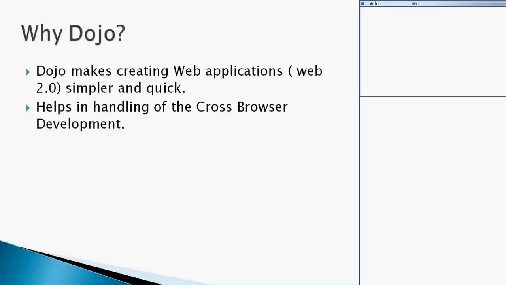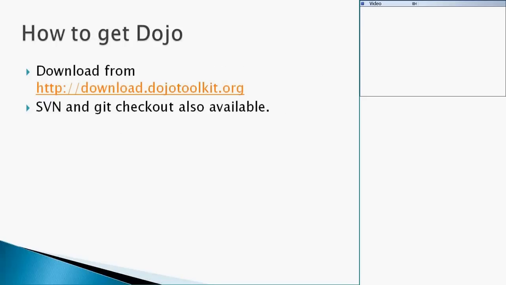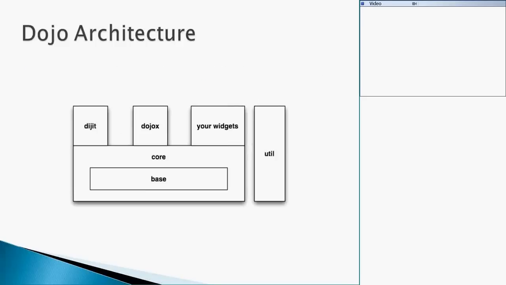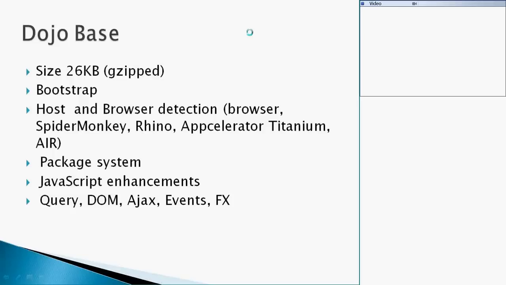How does Dojo fare in terms of performance? Does it add any overhead, extra code? See, Dojo also provides a way to choose how much you want. The base Dojo is only 26 KB when you use script, so it's quite small.